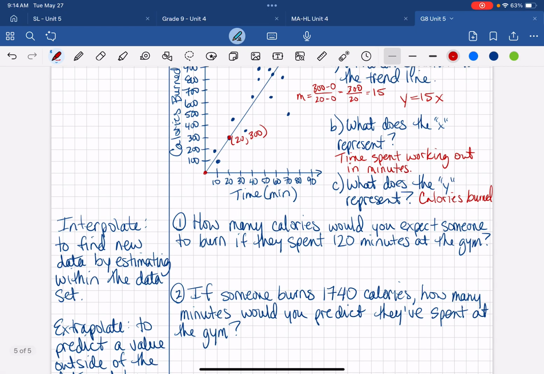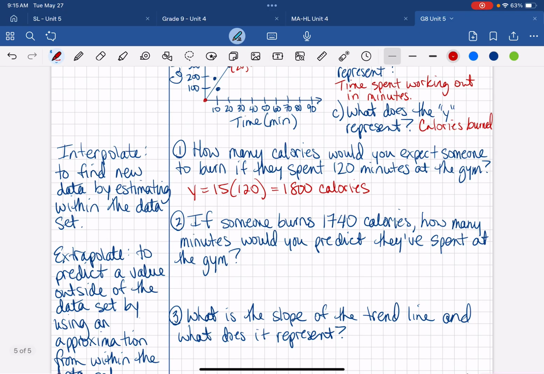Now I would say 120 minutes, which we stated above, x is the number of minutes. So I would say y equals 15 times 120, which equals 1,800 calories. So if they worked out for 120 minutes, we would expect 1,800 calories to be burned.